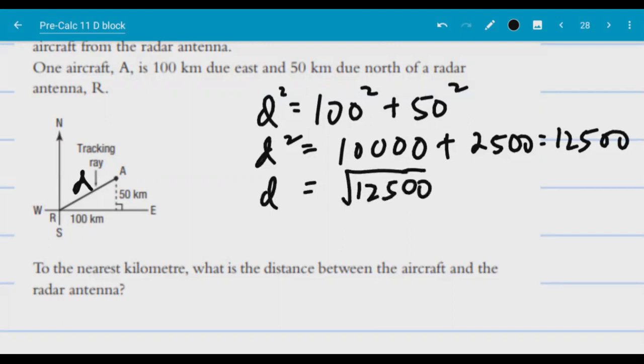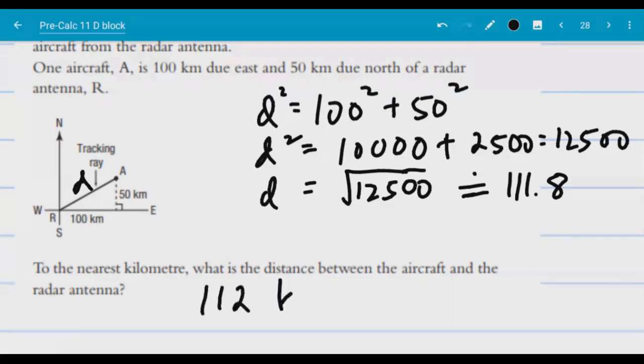Okay, so if we get this, this will be about 111.8. So the answer to this one, to the nearest kilometer, what's the distance between the aircraft and the radar antenna? It is about 112 kilometers.